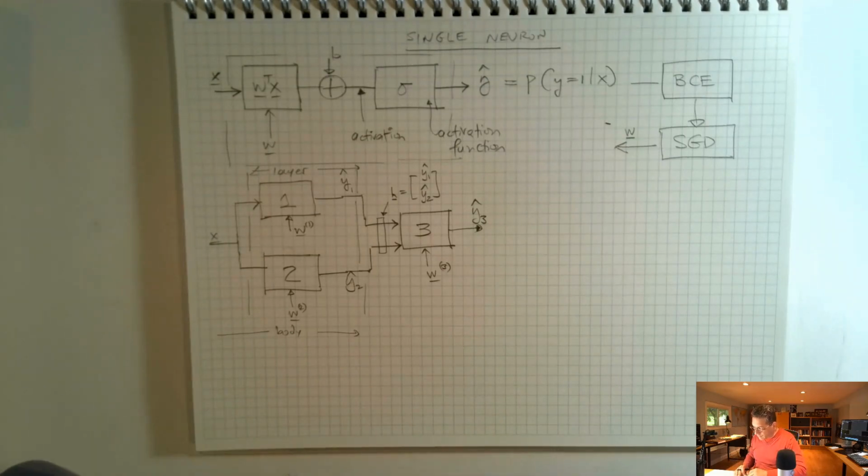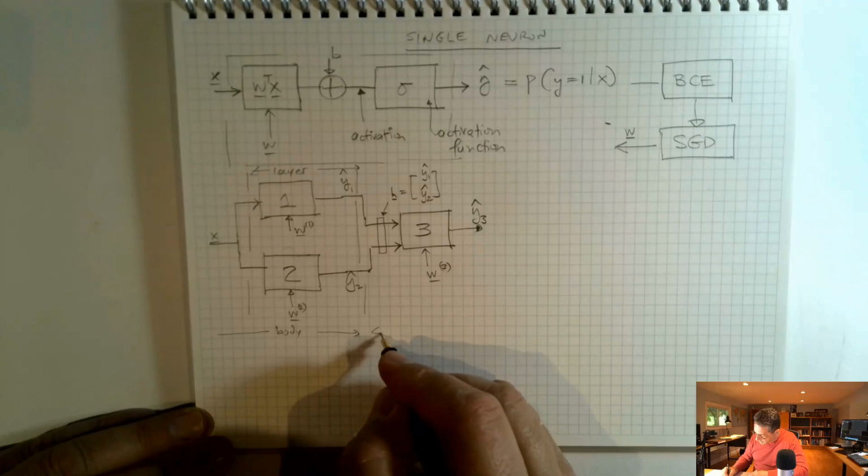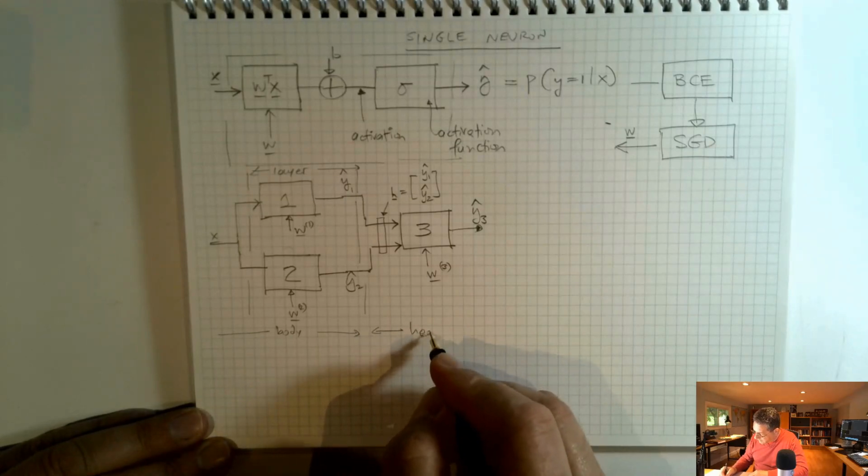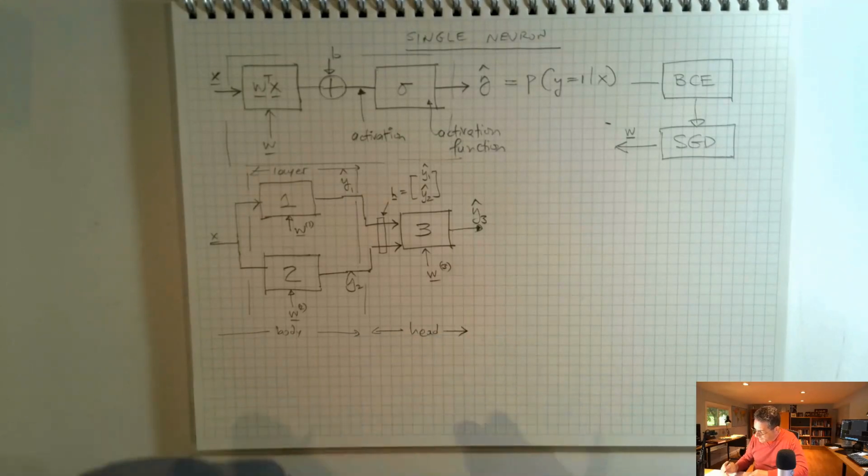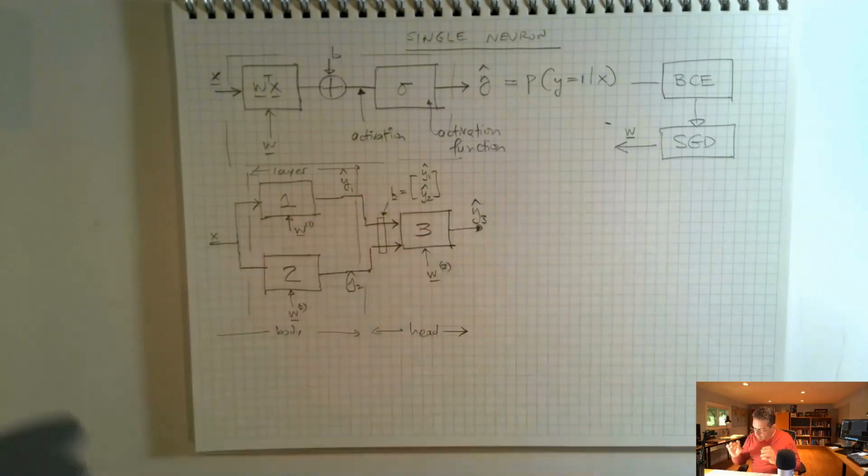Here we just have only 1. And this part over here we'll be calling a head. More specifically, this head is a sigmoidal neuron which is doing classification. I will call it the classification head at this moment.